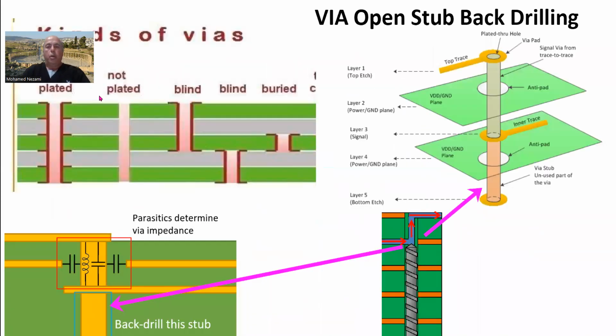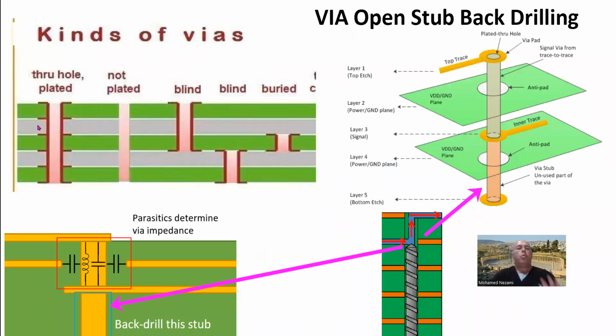Now let's review what vias are in general. We have what we call a through hole via, which goes through the whole board and can interconnect anywhere along its way, but it connects the top to the bottom. We have the non-plated through hole, which basically drills through the board.